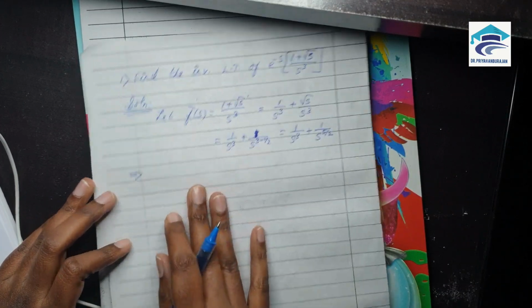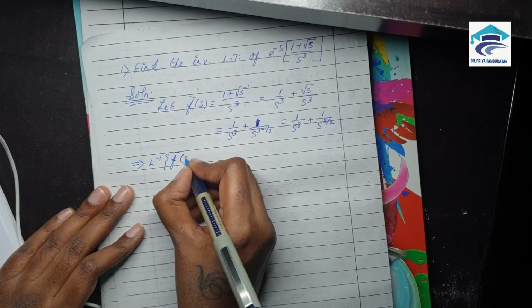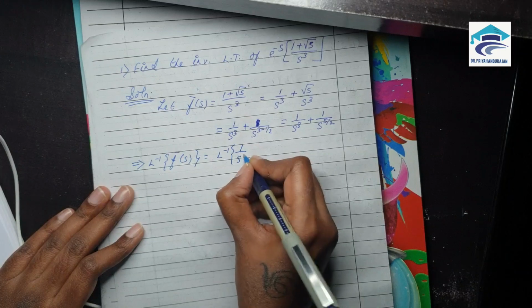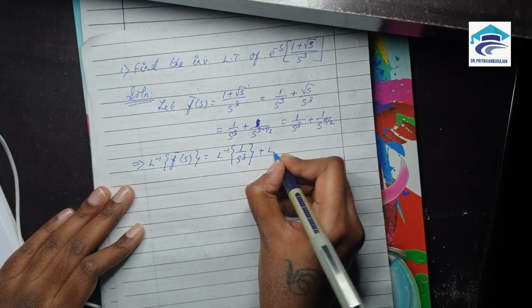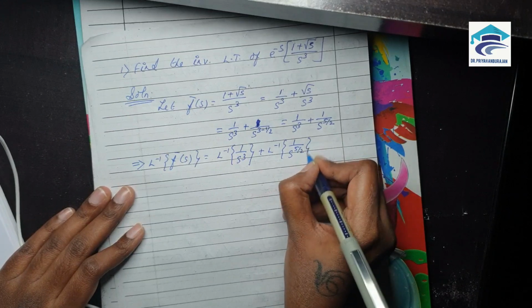Now let us apply the inverse Laplace. L inverse of f bar of s is equal to L inverse of 1 by s cube plus L inverse of 1 by s to the power 5 by 2.